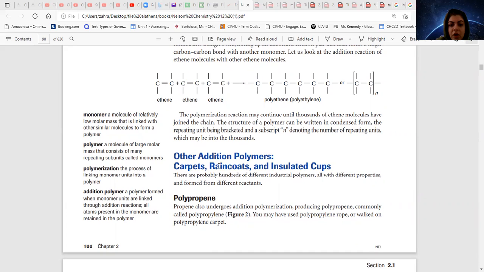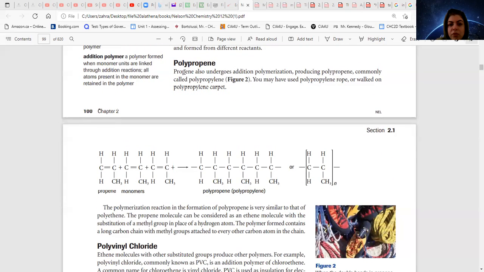Other addition polymers include carpets, raincoats, and insulated cups. We make them, and we use the polymerization reaction to do that. Now look at this to see how we make polypropene. Okay, propene has 3 carbons. You see 1, 2, 3 carbon here, and there's a double bond here.